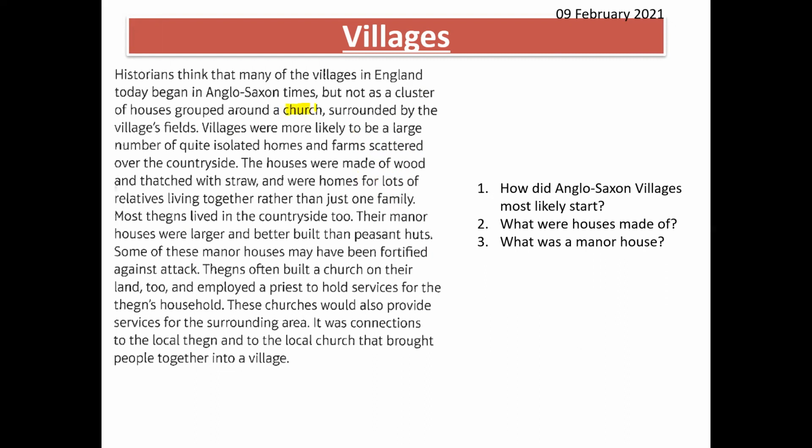It would normally cluster around a church. So a church would be built, and then there would be fields, obviously for growing the food. They'd start off as scattered farms all around the countryside, and then slowly but surely, the population density would increase, as would the density of the buildings.